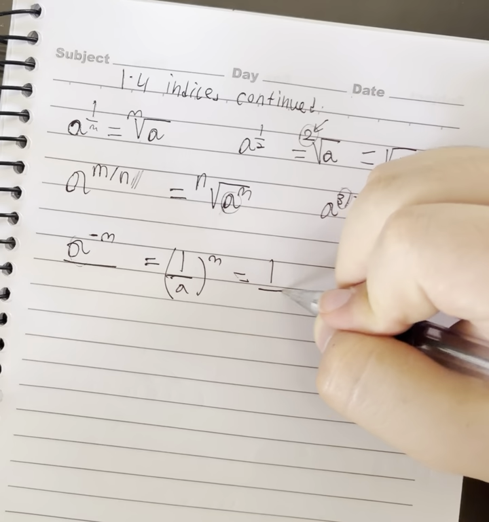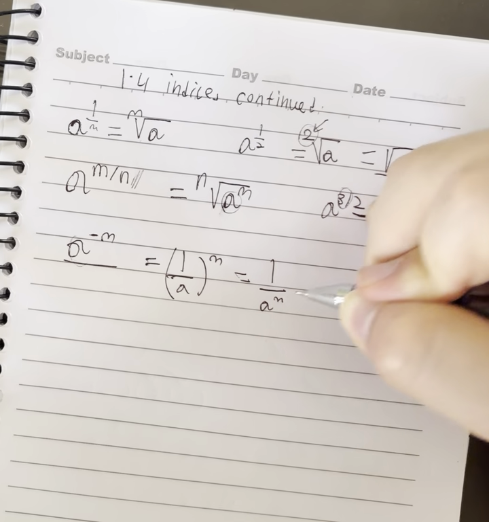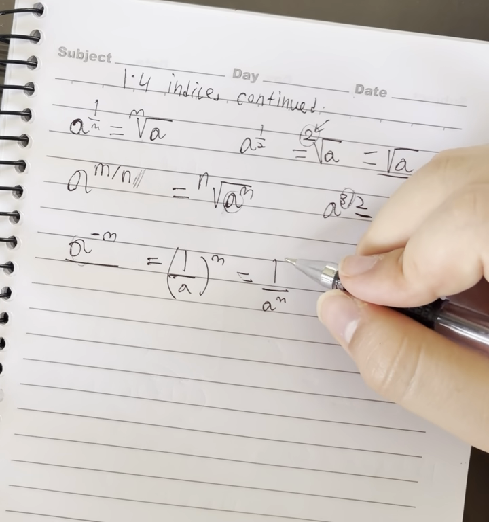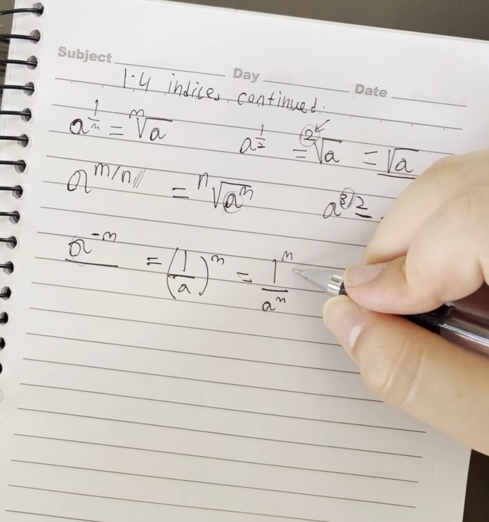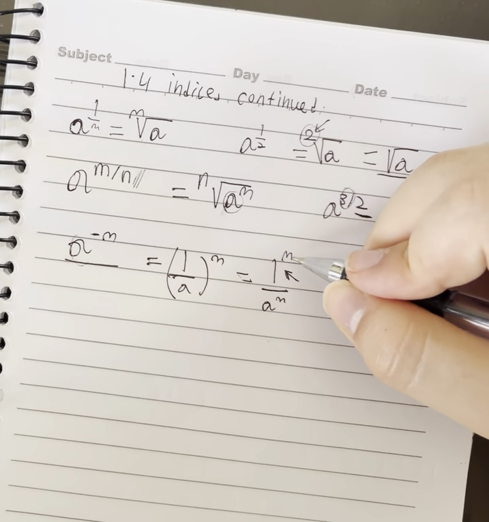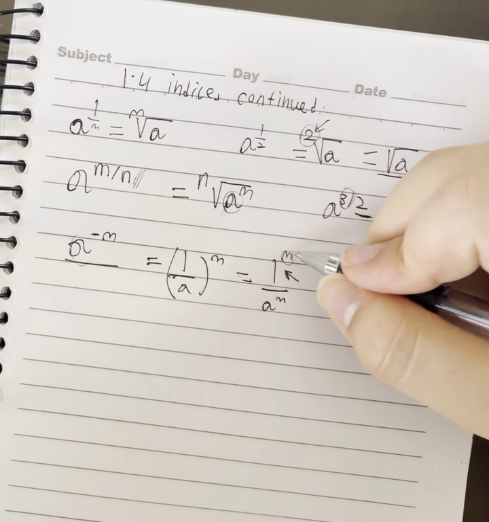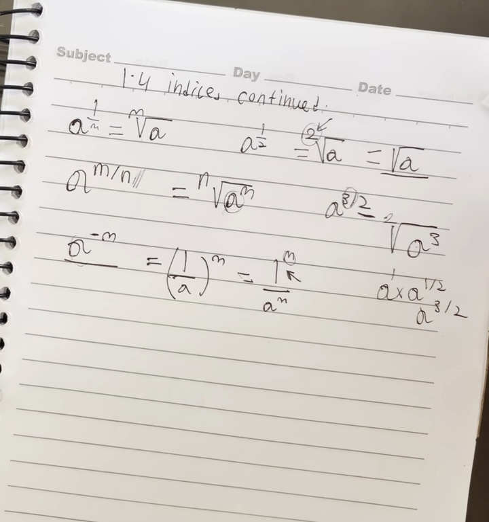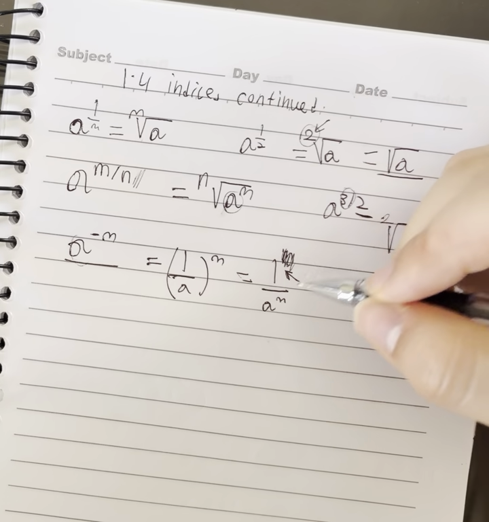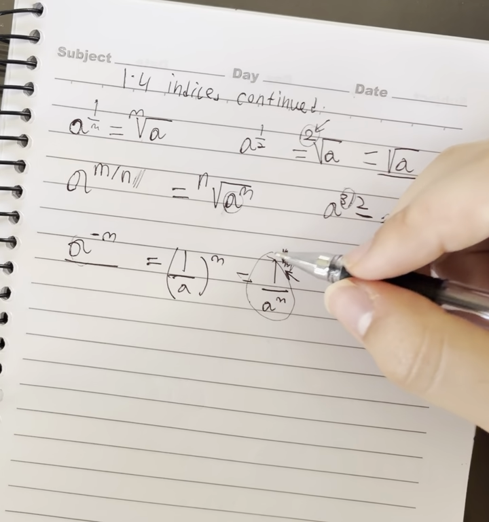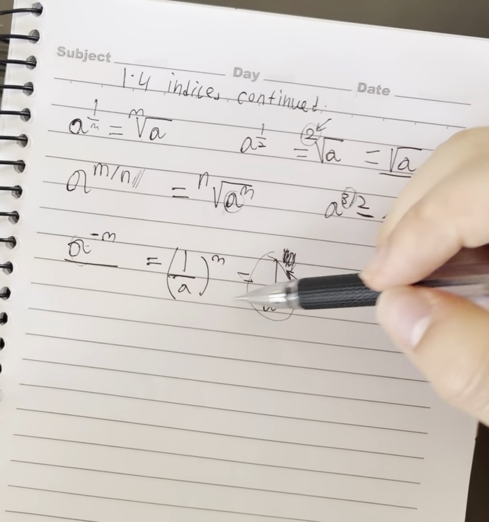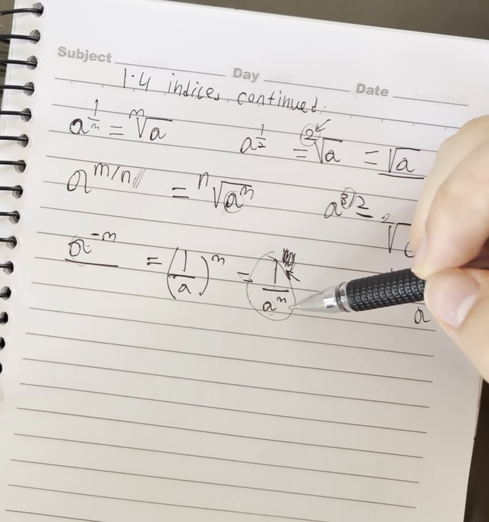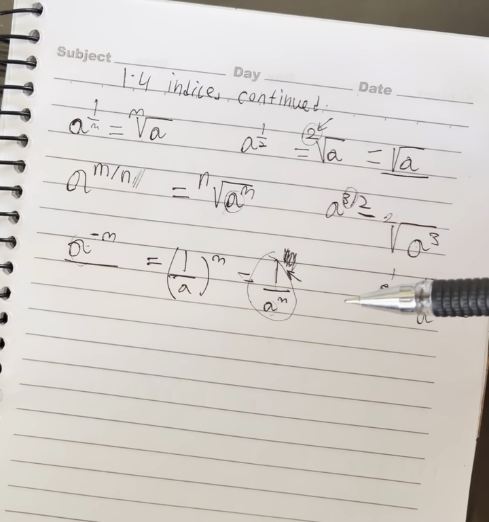So 1 over a to the power of m. However, here 1 to the power, we don't include m, as 1 to the power of anything equals 1, so no need to write it. So the rule is a to the power of negative m is 1 over a to the power of m. So you take the reciprocal and turn the power positive.